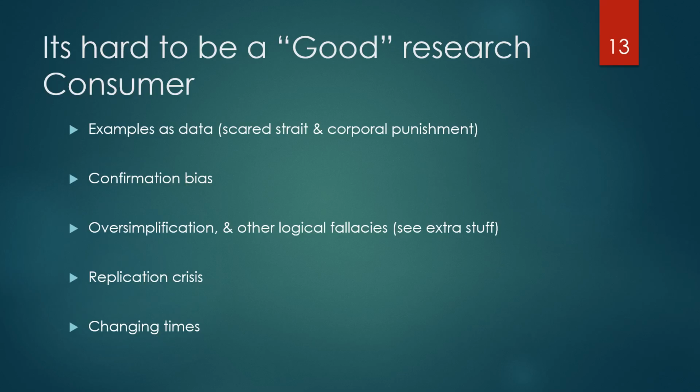Oversimplification, and there are many other types of logical fallacies that you can have in research. Oversimplification is the idea that you take an idea and you make it so simple and broad that it no longer makes any sense. For example, I believe that we should avoid putting people in jail and we should try to focus on rehabilitating people who have done crimes.